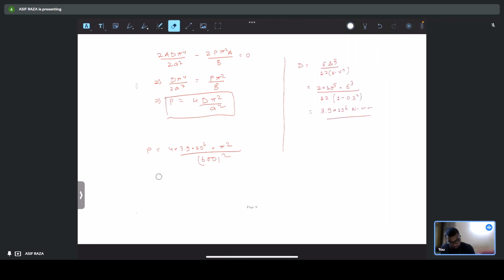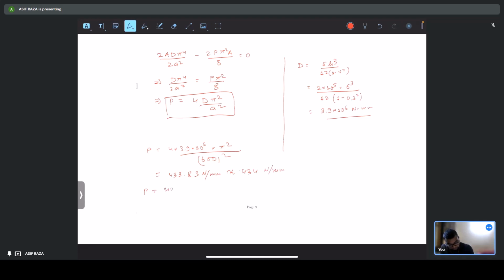So correct value would be 433.83 Newton per mm, because this would be like 3.95 something. So if I round it off, it will be equal to 434 Newton per mm.